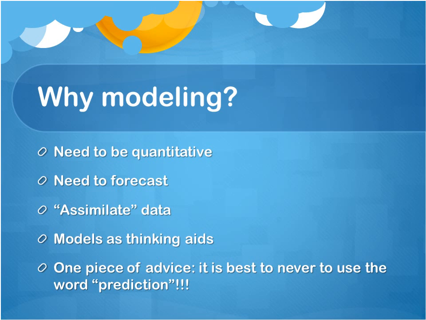They're intended more to help us think, to analyze data, to forecast. And forecast has a big uncertainty to it that we'll discuss. Models give us the ability to be quantitative, but not really to predict. So I want to take that word out of the vocabulary in this class right now, as a piece of advice.